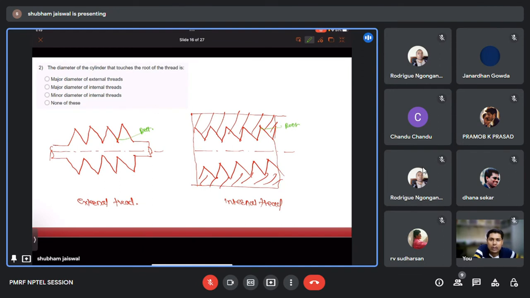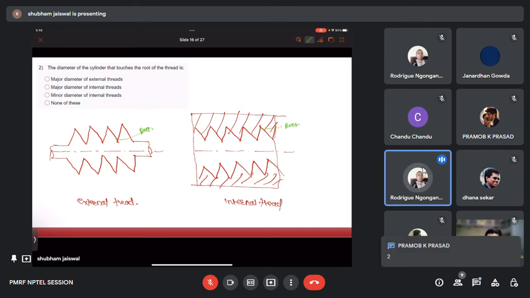The diameter of the cylinder that touches the root of the thread is known as major diameter of external threads, major diameter of internal thread, minor diameter of internal threads. It is the major diameter of the external thread. Okay. Any other option?